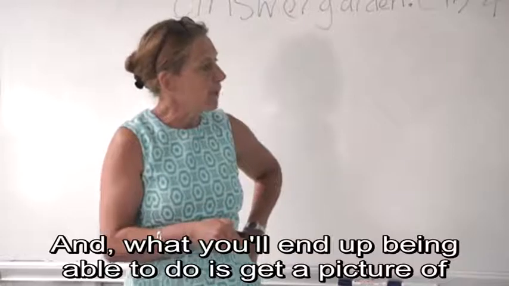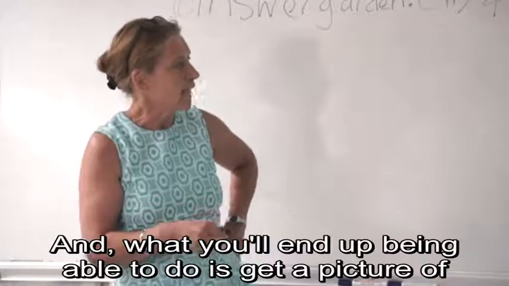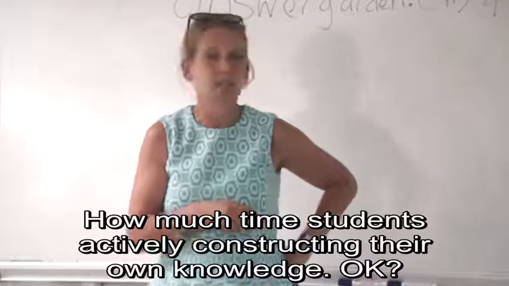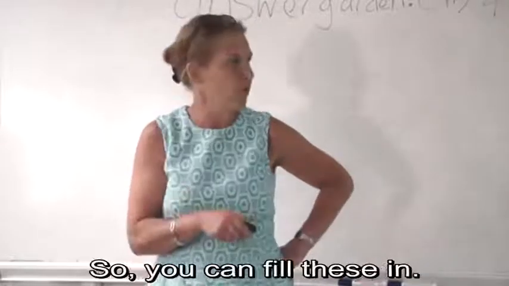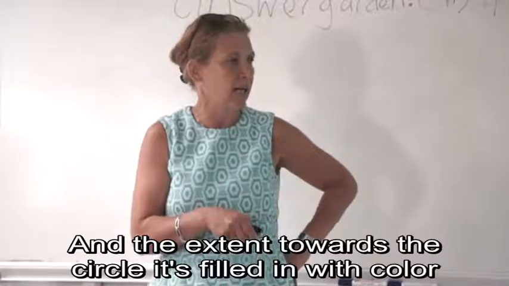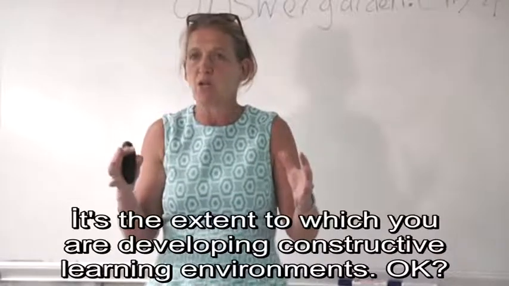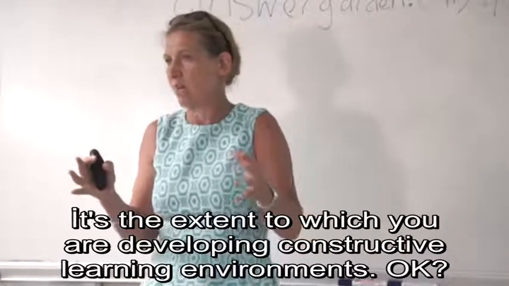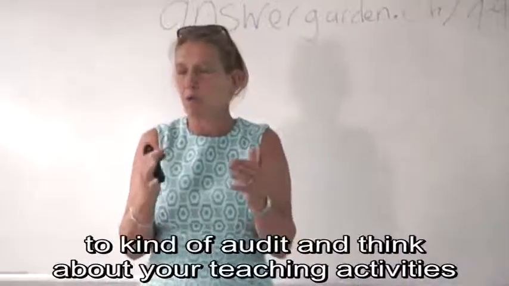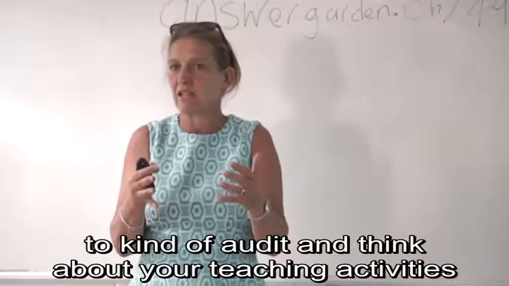What you end up being able to do is get a picture of how much time students are actively constructing their own knowledge. So you can fill these in. The extent to which this circle is filled in colour is the extent to which you're developing a constructive learning environment. It's really just for your own purpose to audit and think about your teaching activities.